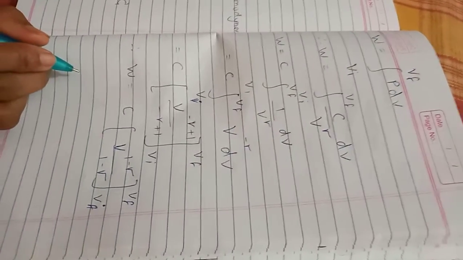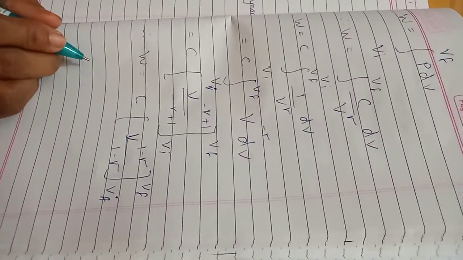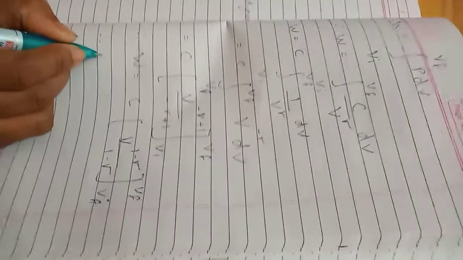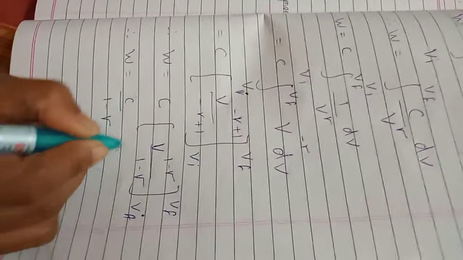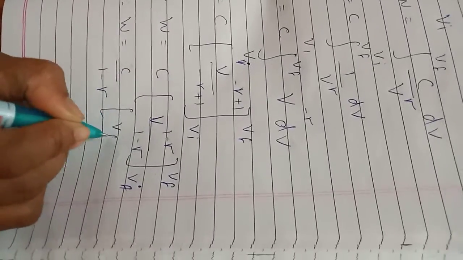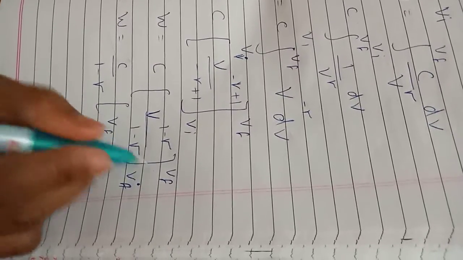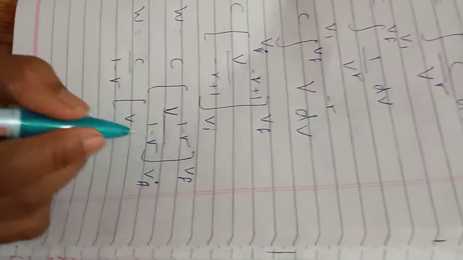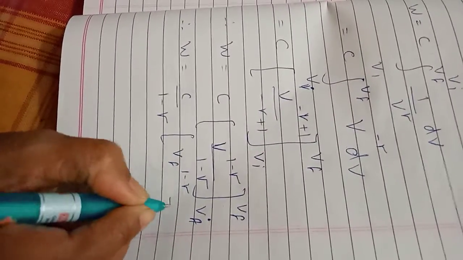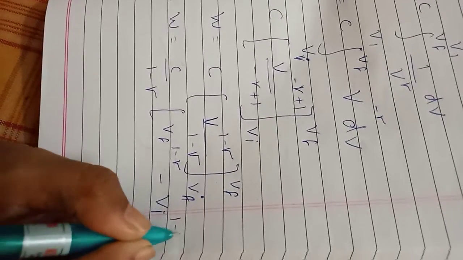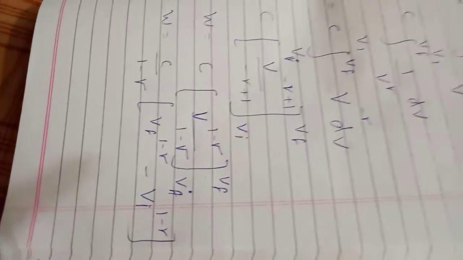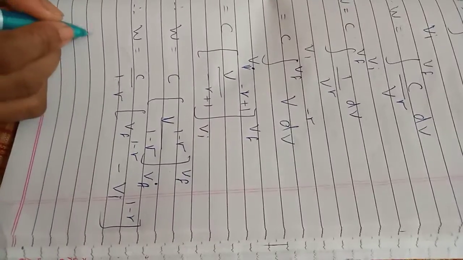Therefore, W is equal to C upon 1 minus gamma, times Vf raised to 1 minus gamma, upper bound, minus lower bound, Vi raised to 1 minus gamma. Are you okay? Divided by 1 minus gamma.